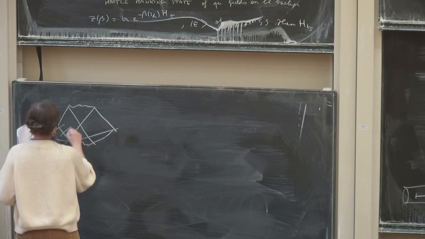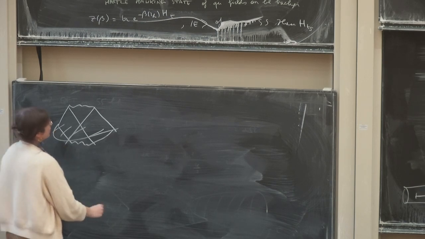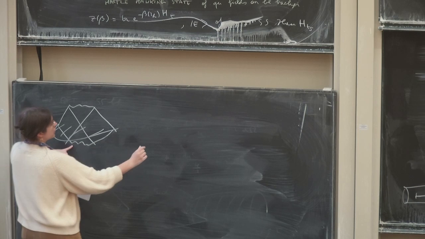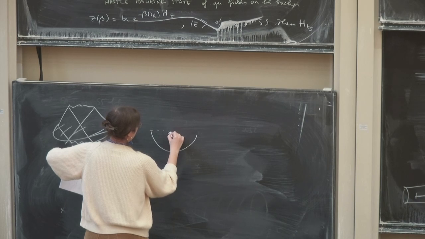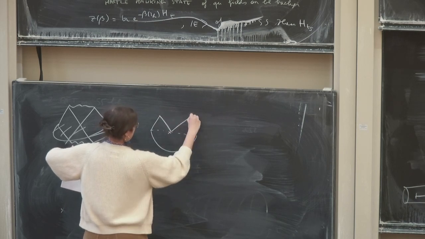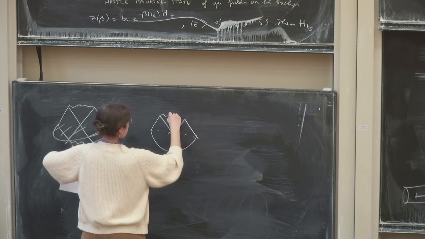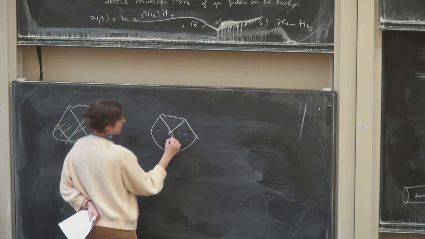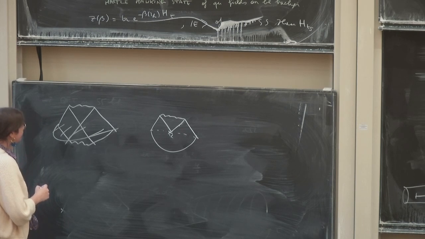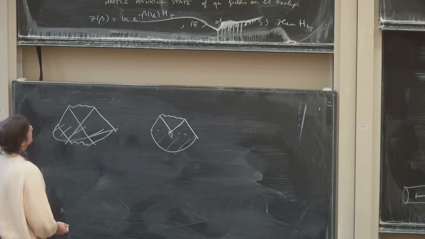So I can do Euclidean plus Lorentzian evolution superimposed, or I can get rid of the lower half of the Lorentzian picture and write this as this. Okay. So we're here. This point is my horizon. I'm doing Euclidean evolution over half a cigar.